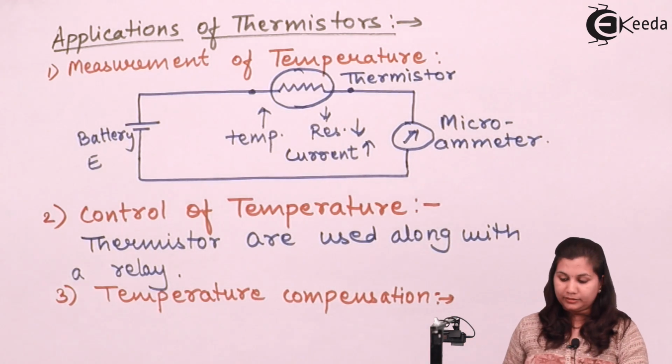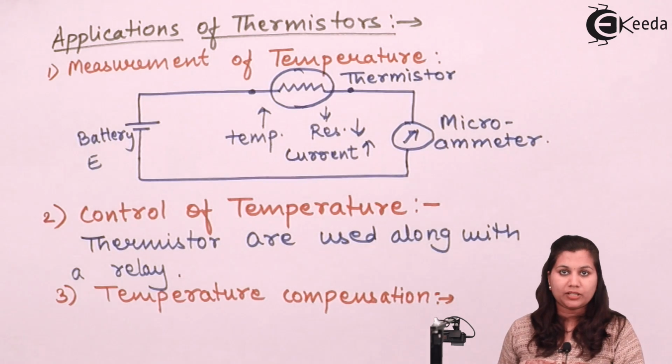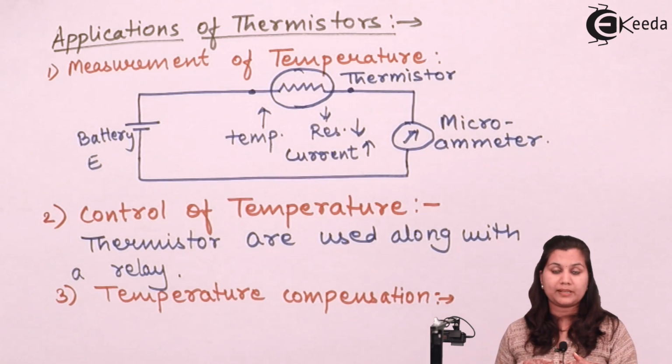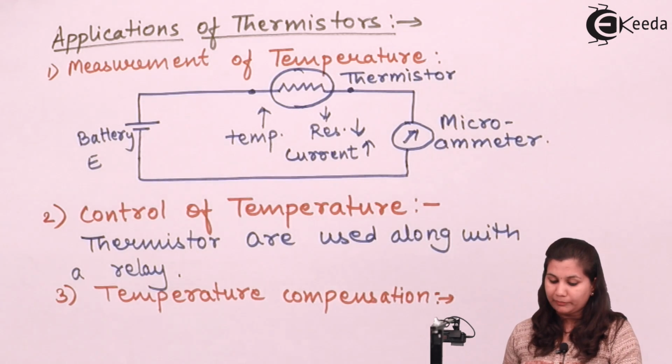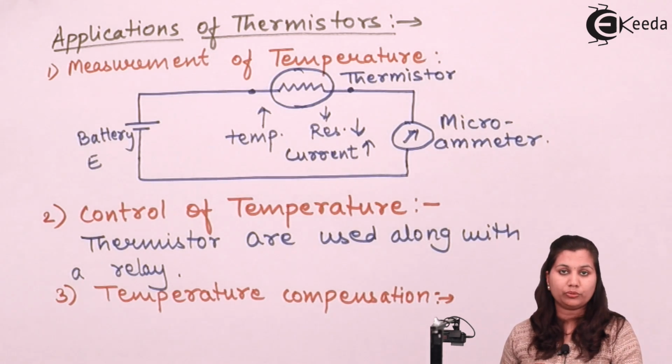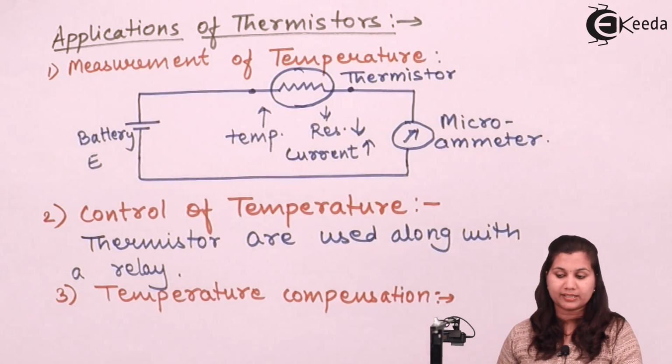As thermistors have the negative temperature coefficient which is present in semiconductor materials, they can also be used for the compensation of temperature. The disc type of thermistors are mostly used for this purpose.